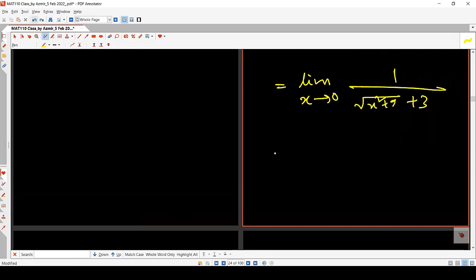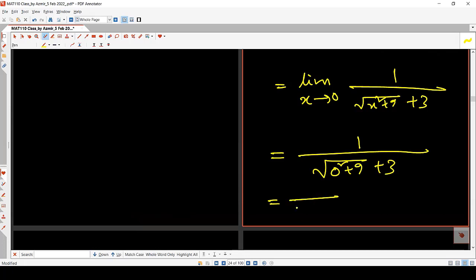That means 1 over square root of 0 squared plus 9 plus 3. 0 squared is actually 0. So we have square root of 9 plus 3. That means we have 3 plus 3, 1 over 6. So it means it is a finite value. That means the limit of the given function exists.